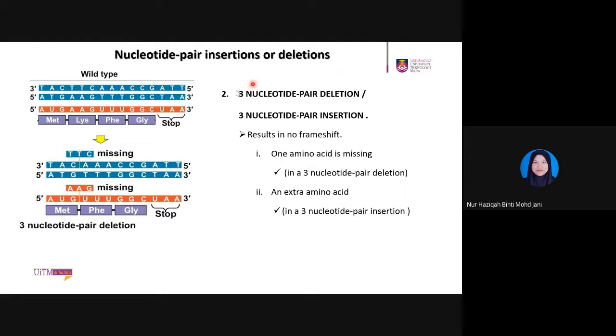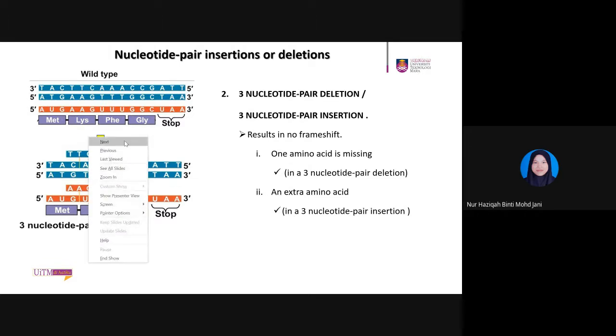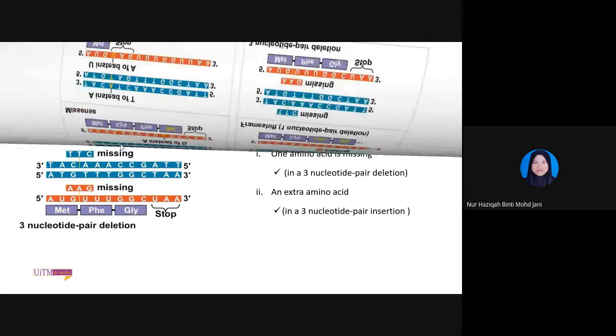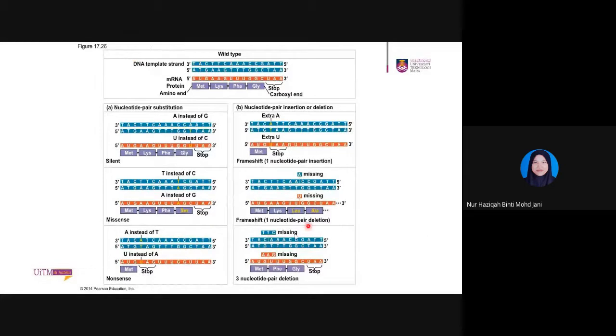Tapi kalau yang ini, delete or insert 3 nucleotide pair, it just affects one amino acid, whether a new amino acid is added or one amino acid is removed from the amino acid sequence. Okay, so this is the whole mutation lah, jenis mutation yang kita dah tengok tadi.